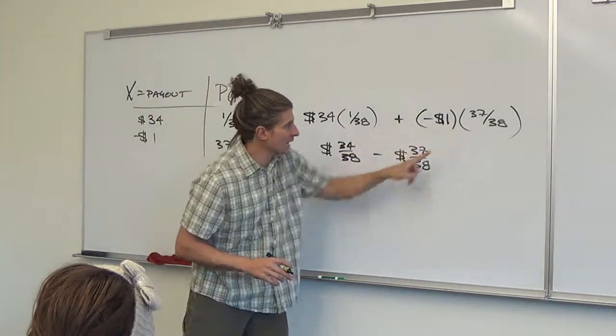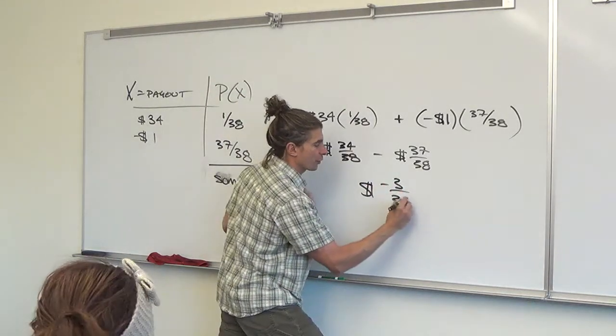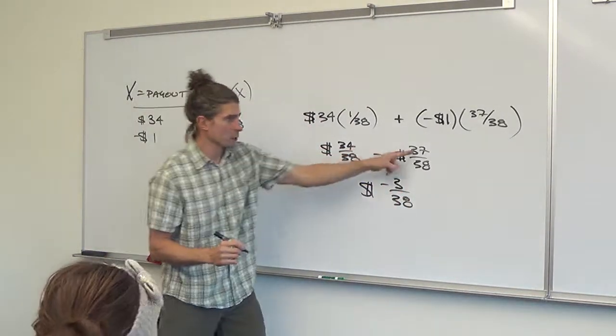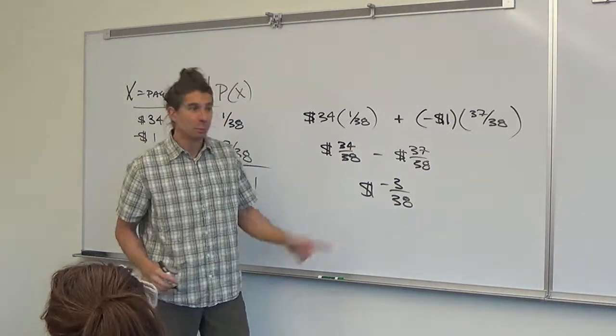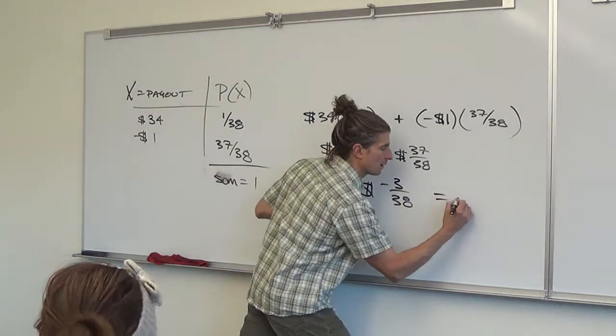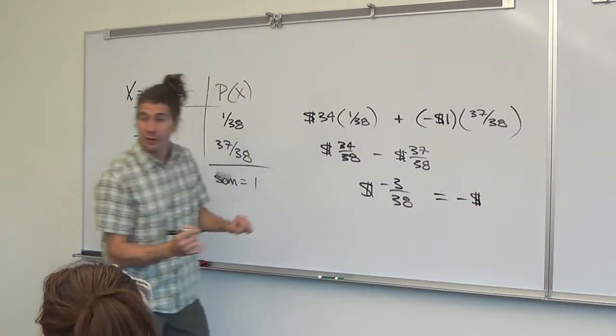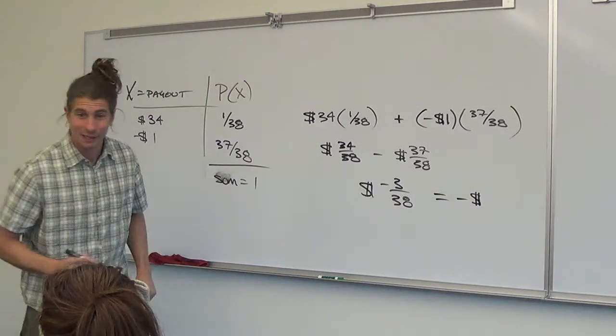And then I've got 37/38, which gives me -3/38, doesn't it, right? What is that as a decimal? Just put -3/38 into your TI. What do you get? It's -7.8 cents. Oh, gotcha.